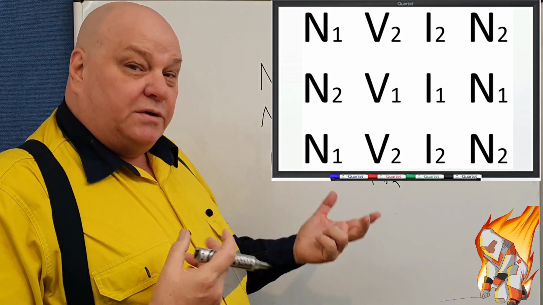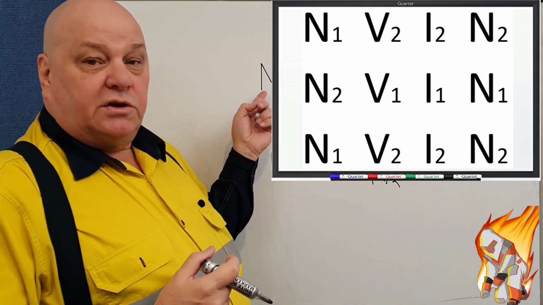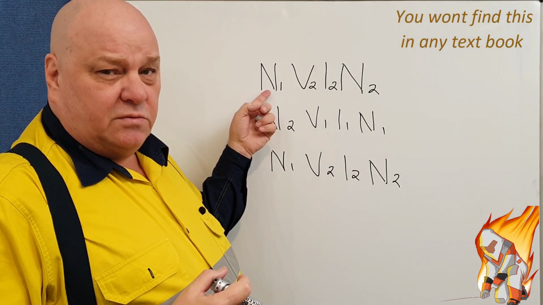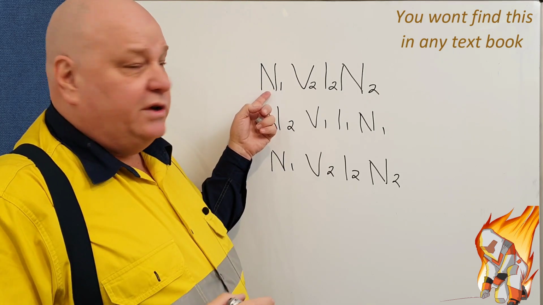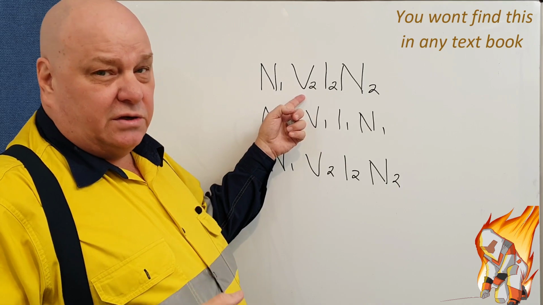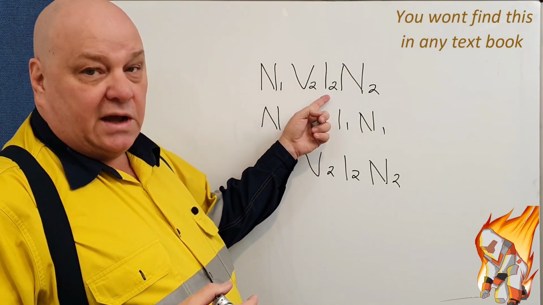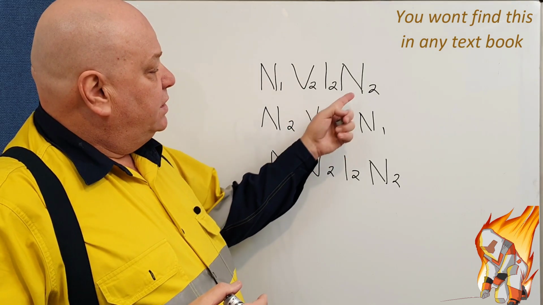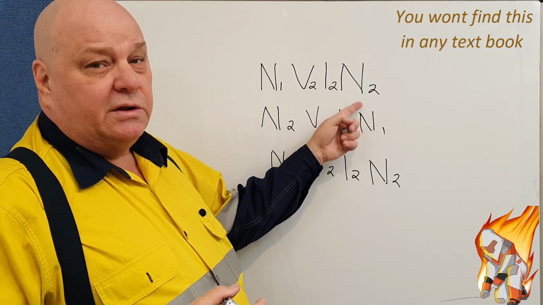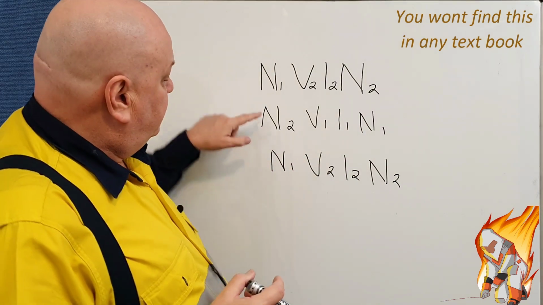Now, you've probably already guessed what this is. Here we've got the number of turns on the primary side of the transformer, or number 1 winding. Here we've got the voltage on the secondary side of the transformer, or the second winding. Here we've got the current on the secondary winding, and the number of turns on the secondary winding.